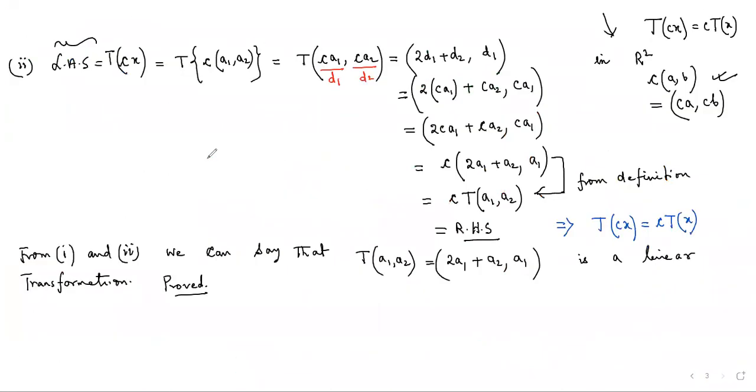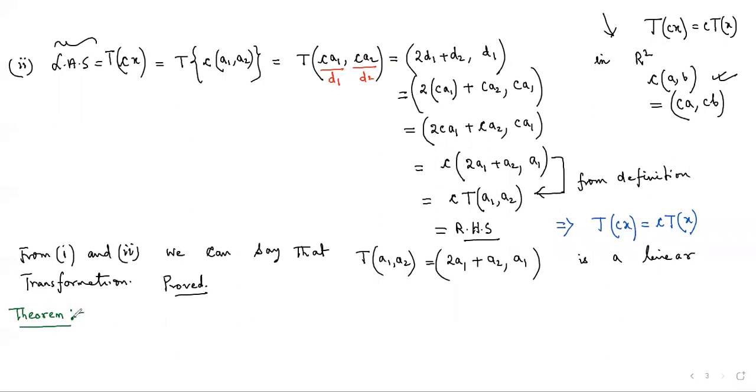We don't have to talk about the zero vector, but you can simplify the thing a little bit further. The simplification is in the following manner. There is one theorem which goes like this. So I'm writing the theorem over here. Instead of showing these two properties 1 and 2 separately, we can show the following thing also.